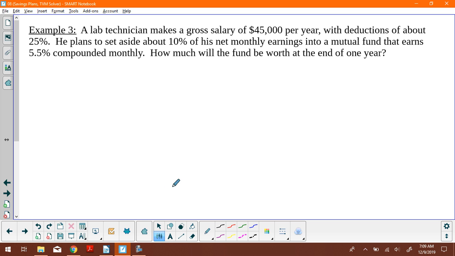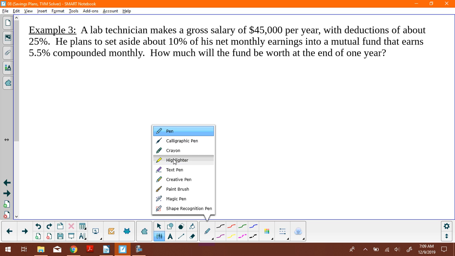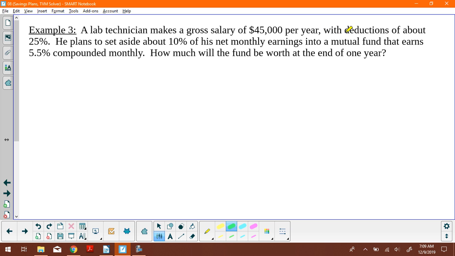Okay, so how much money will this person have saved at the end of a year? There's several different things going on here that we have to work through. Okay, there's the deductions part. So this technician doesn't get to keep all the money. They lose 25%. Then there's another percent here, right? 10% is what's going to go into the account, of his monthly earnings.